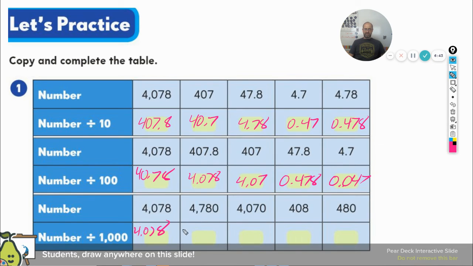All I'm doing is moving the decimal, you guys. Oh, they mixed it up a little bit. Made me work. Move your decimal 1. Did I move my decimal 1 place in all of those? Yeah. Move your decimal 2 places. Move it 3.